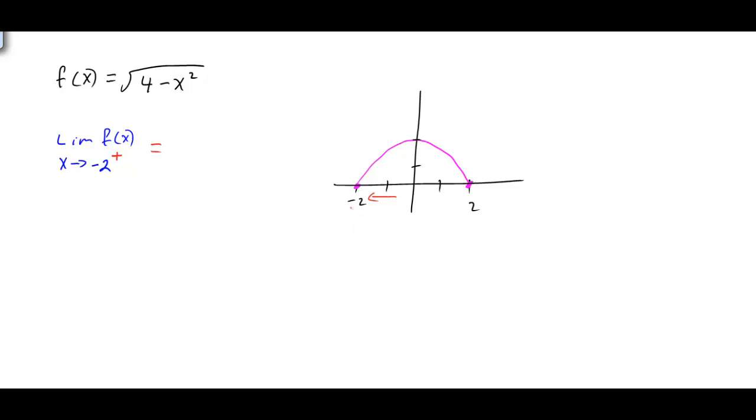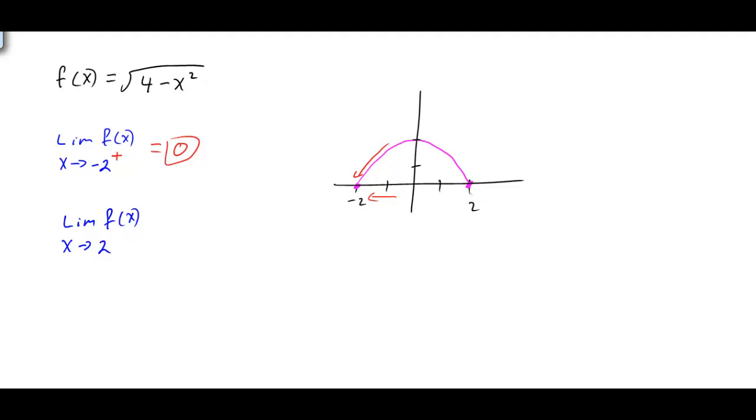So this is an example where we want to look at the limit from one side. If we look at the limit as we approach negative 2 from the right, what are we approaching? We're approaching our y value. We're getting closer and closer. Your y value is getting smaller, so we're approaching 0. So that's your limit. If we wanted to calculate the limit of the function as x approaches a positive 2, what do you think we want to use there?